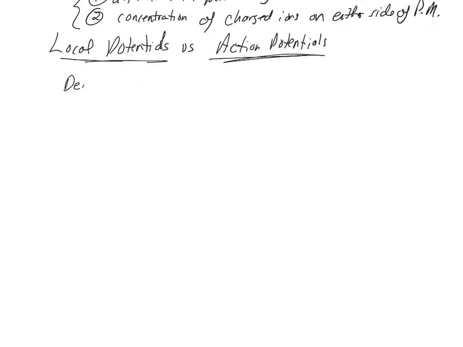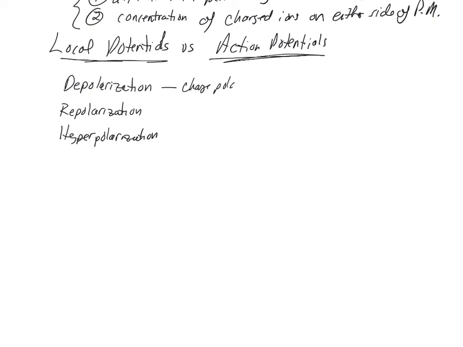Definitions. You need to know what these things mean. Depolarization, repolarization, and hyperpolarization. This is when you're going to change the permeability, change the charge, change the polarity. All of these are changing the polarity.